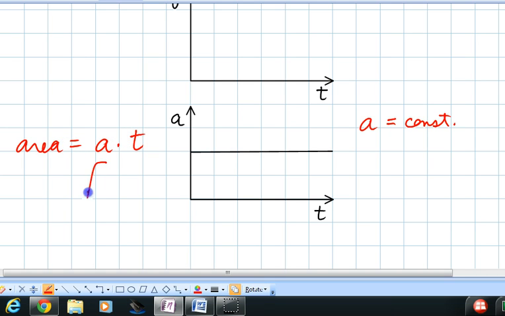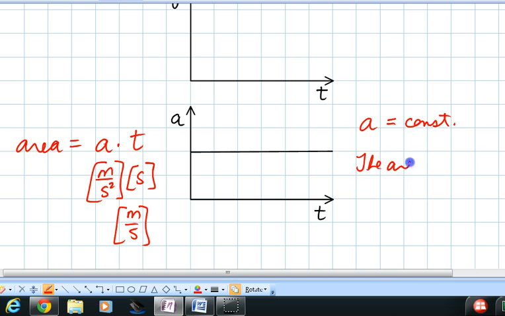I can use unit analysis to see that meters per second squared times seconds is going to get me something which is in meters per second. So the conclusion to draw is that the area under an acceleration versus time graph is the change in velocity.